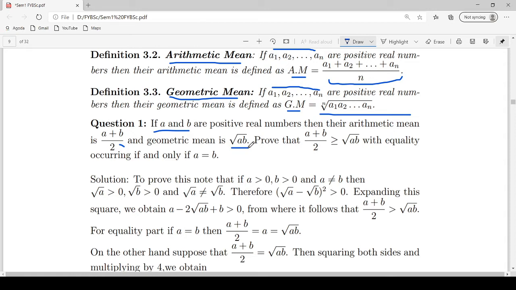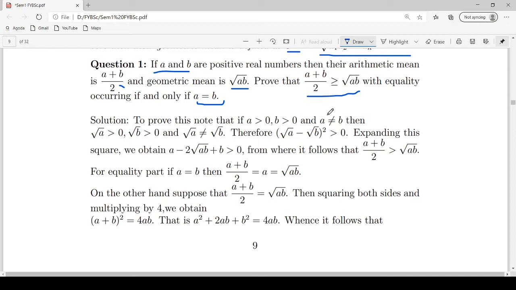We are asked to prove that (a plus b) by 2 is greater than or equal to the square root of ab, and equality will occur if and only if both the real numbers a and b are equal. That means you have to prove that for two positive real numbers a and b, the arithmetic mean is greater than or equal to the geometric mean, and it will be equal if and only if those two positive real numbers which you are considering are equal. Let's see the proof.